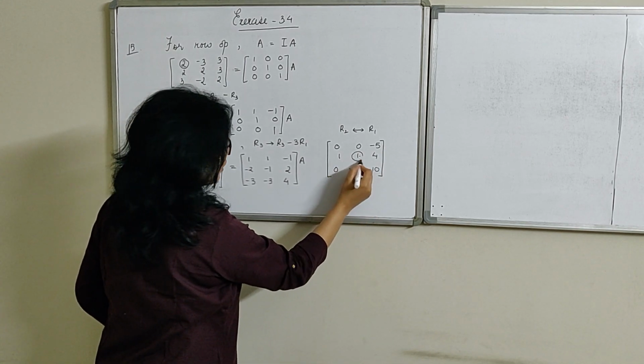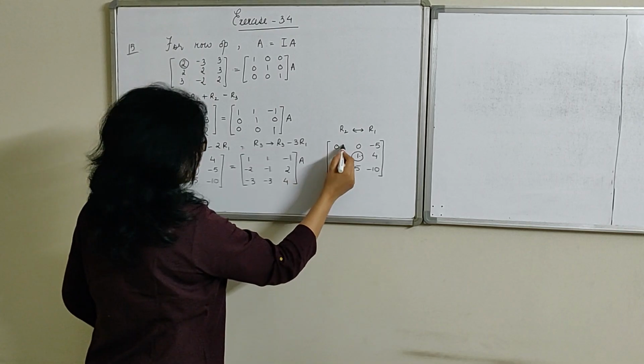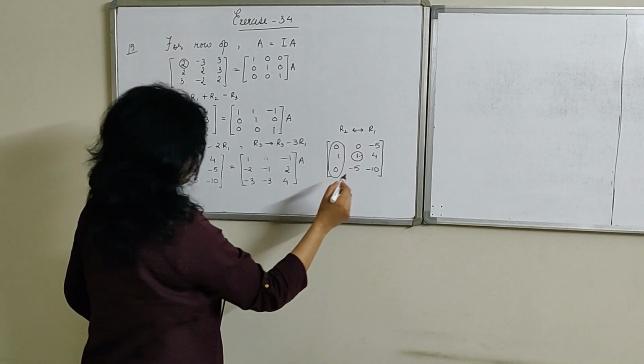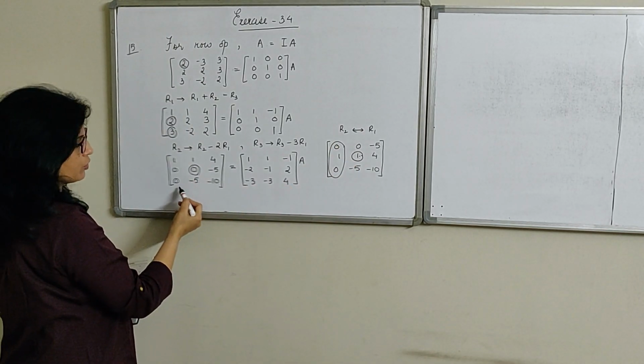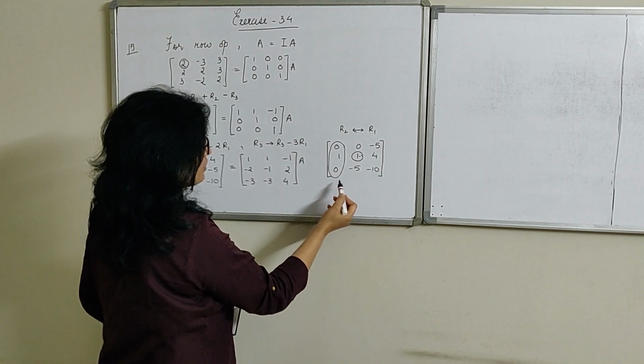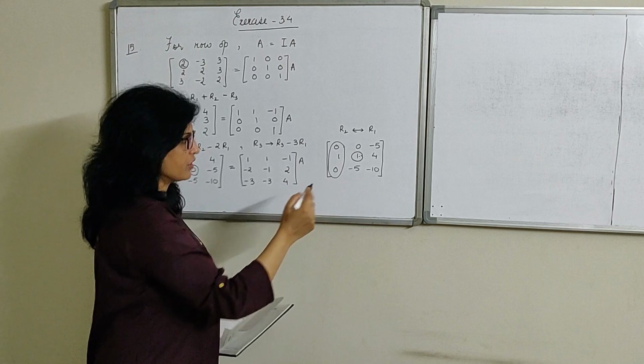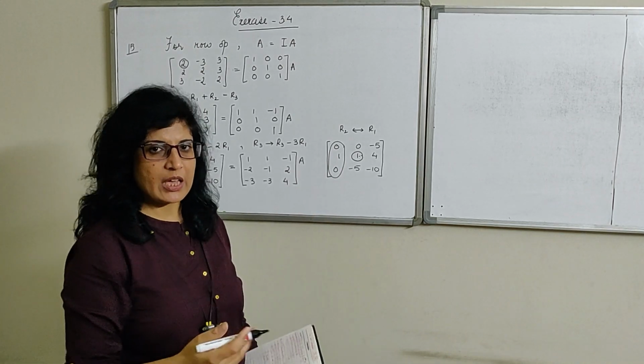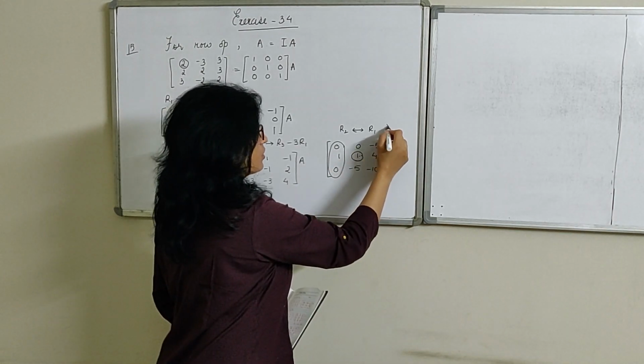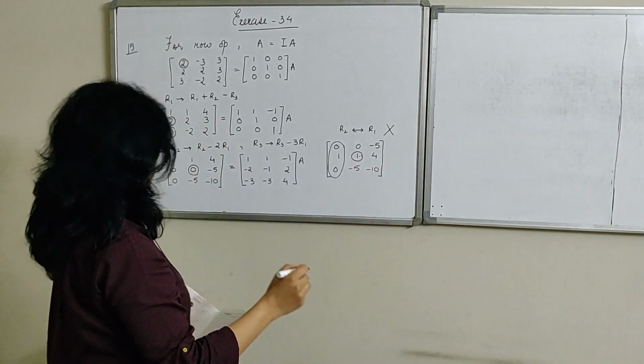Here no doubt a 1 has been obtained, but column 1 gets disturbed. Column 1 is 1, 0, 0. It no longer remains the same. So any operation that changes the previously obtained zeros or ones is not a valid operation. So this operation will not be used.